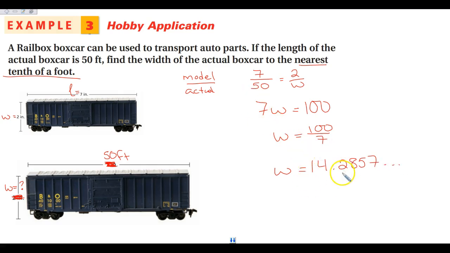If I'm going to the nearest tenth, a reminder, this is my tenths place. The only number I look at to round is the one directly behind it, so I don't care about any of these. So 8 rounds up, so my width will be 14.3 feet.